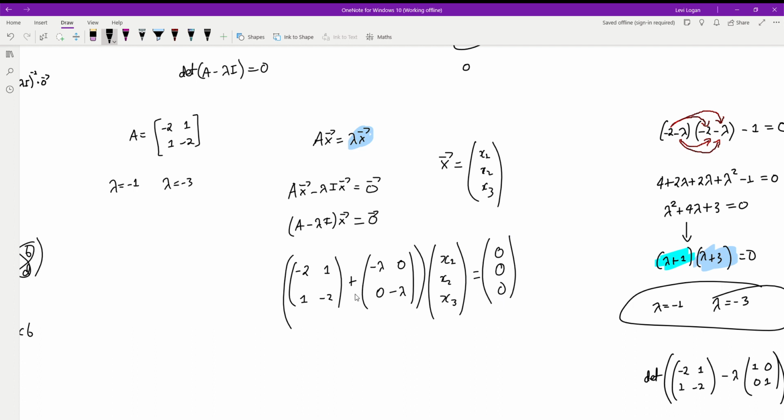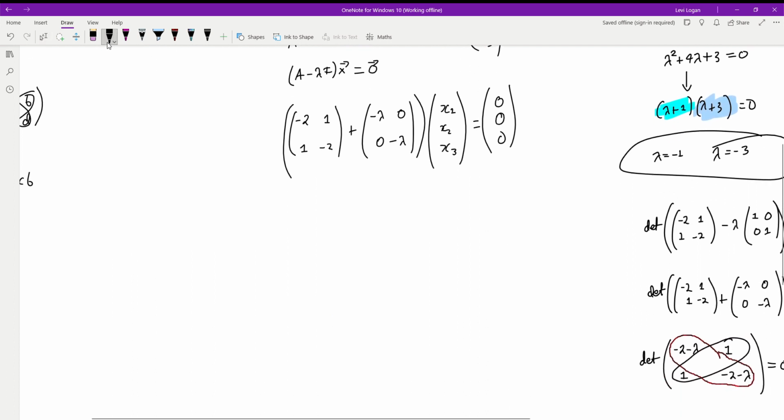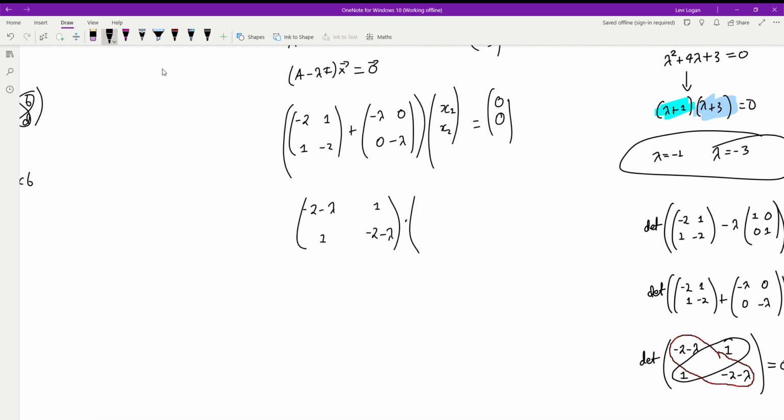Combining these matrices, we can simplify that into just a 2 by 2. So we'll have -2 minus lambda, then 1, then 1 here, then -2 minus lambda. This is our matrix, multiplied by a vector. Oh, this is a 2 by 2, so we don't have a third component. Sorry, I was thinking of a 3 by 3 matrix.